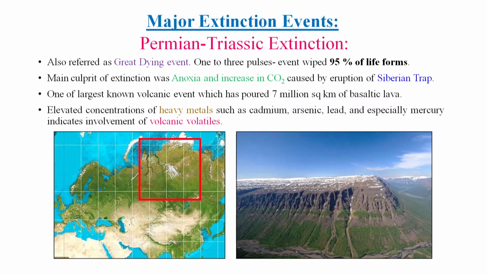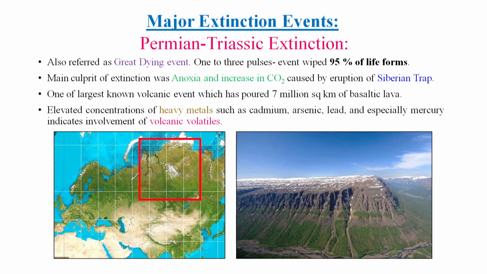The main culprit is believed to be a period of anoxia and an increase in carbon dioxide caused by the eruption of the volcanoes present in the Siberian trap at that point of time.